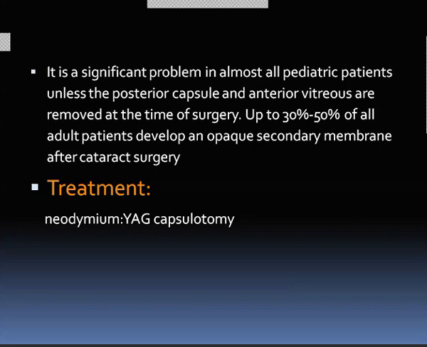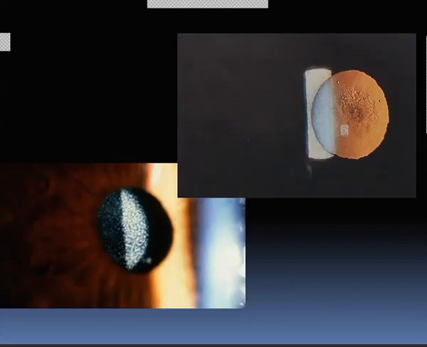Up to 30 to 50% of all adult patients develop an opaque secondary membrane after cataract surgery also. The incidence of PCO is up to 50%. Then what we have to do for such cases, patients with PCO in the older age group after cataract surgery?